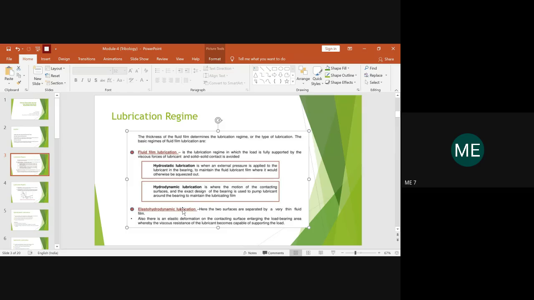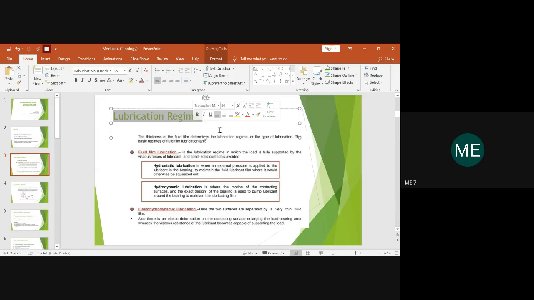I don't want to dig into the classification of lubrication again, but still for your reference, I have highlighted the term lubrication regime. This lubrication regime usually determines the thickness of the fluid film we are using.